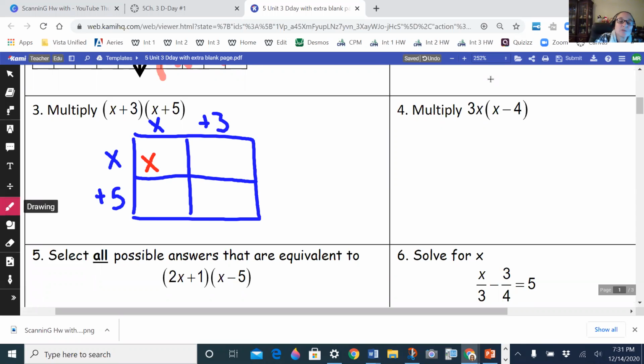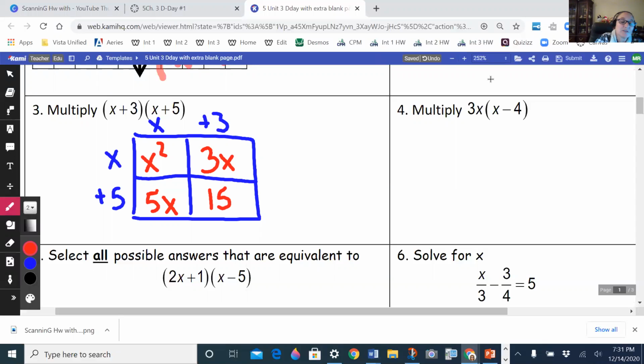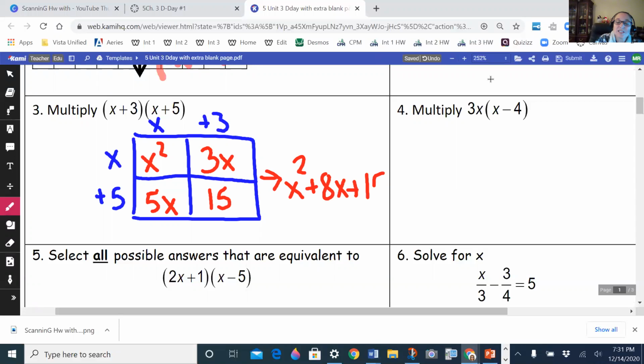The top row is x times both the x and the 3, so I get x squared plus 3x. For the bottom row, I multiply the 5 with the x plus 3, and I get 5x and 15. You do not leave your answer like that. You need to give me the sum of everything on the inside and combine like terms. So this would be x squared plus 8x plus 15, and that is your answer.